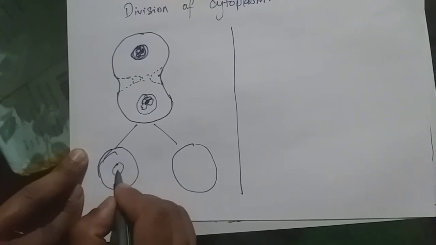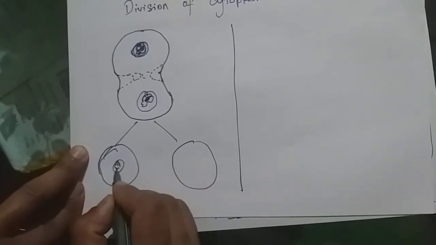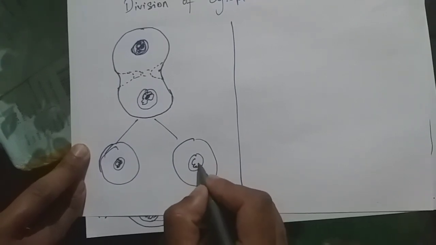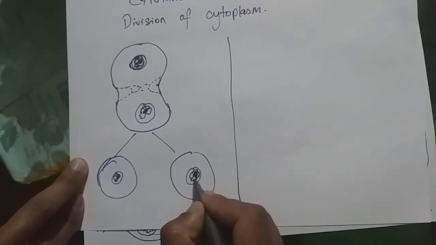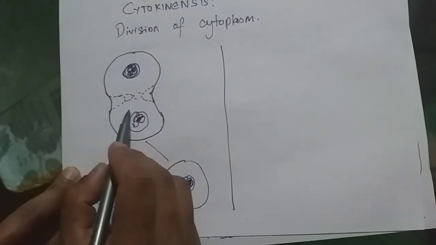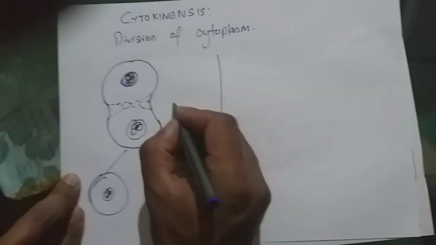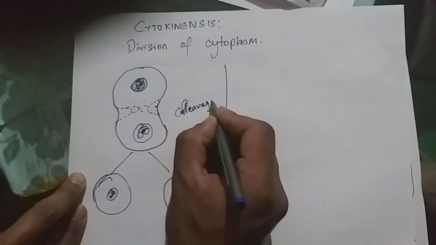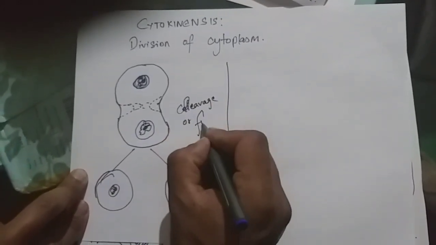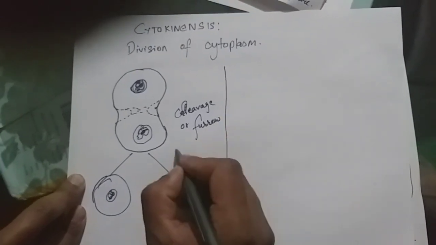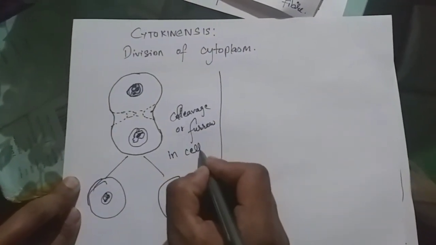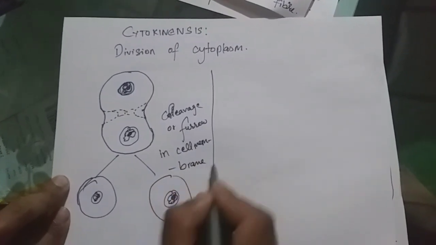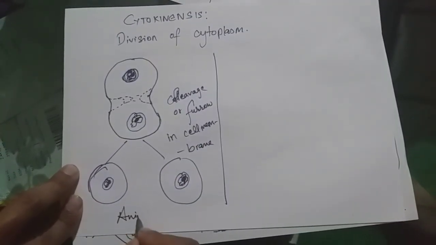So two individual new daughter cells are formed by the cleavage of cell membrane, and the division of cytoplasm takes place by the formation of cleavage or furrow in cell membrane. So this is in case of animal cell.